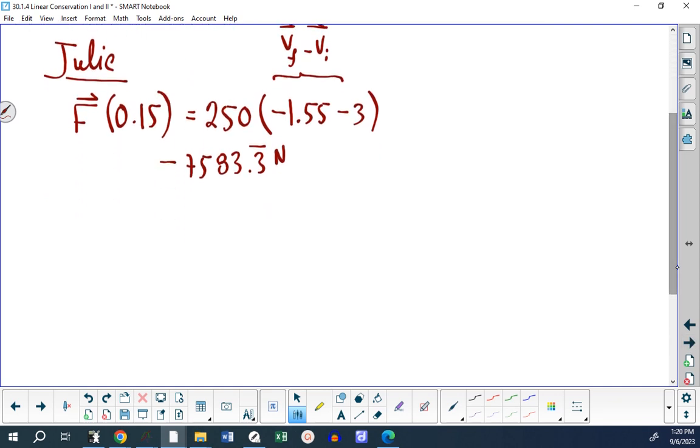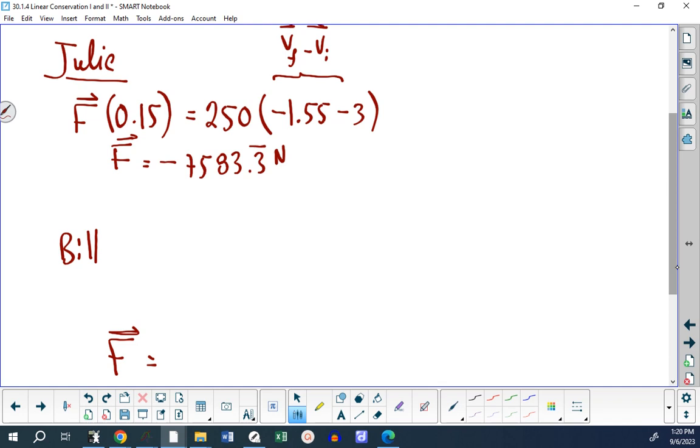I'll ask you a question here. What should we get for the force on Bill? Exact same number that's positive, because that's where we started. Momentum wouldn't be conserved unless the forces were equal but opposite.